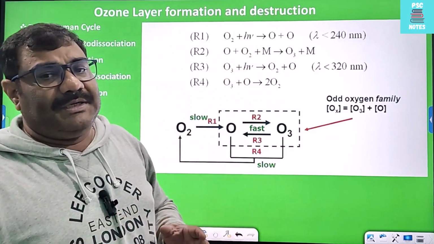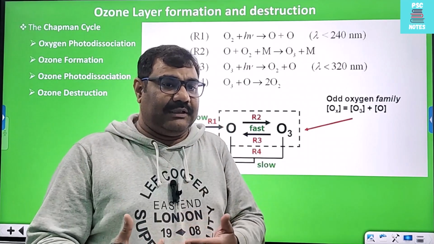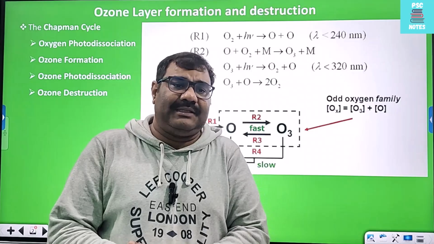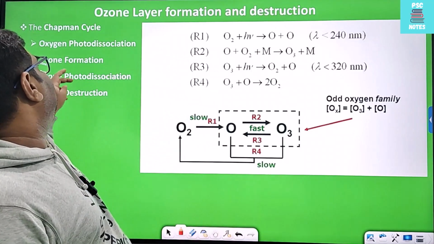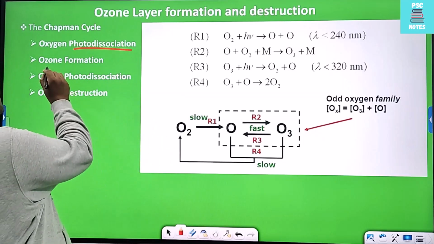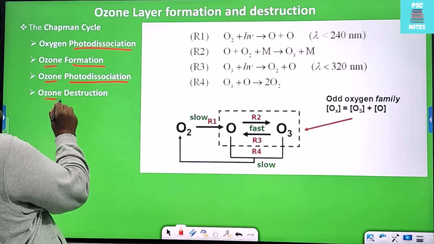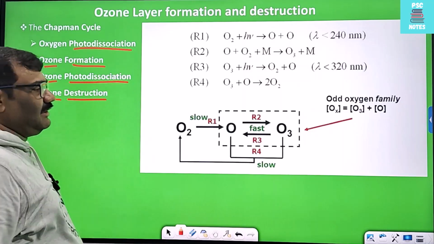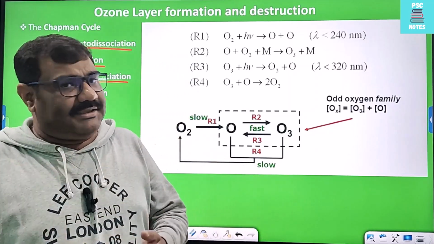See, the formation and destruction of ozone is a continuous process. The Chapman cycle basically defines 4 processes: oxygen photo dissociation, ozone formation, ozone photo dissociation, then again ozone destruction. It is a continuous process of ozone formation and destruction.